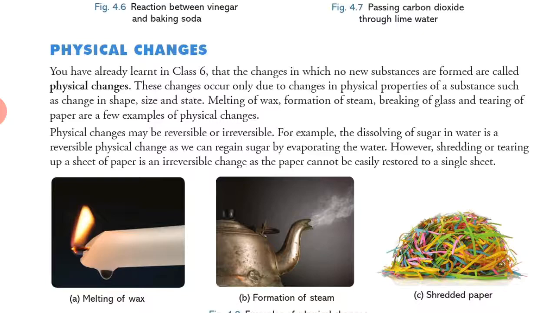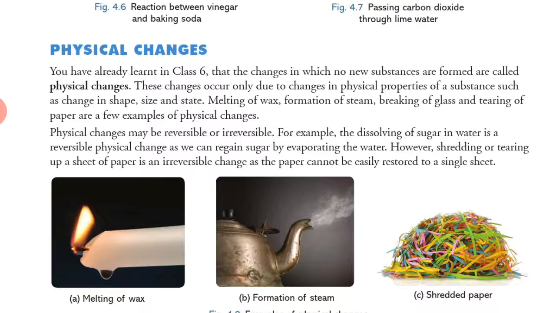These changes occur only due to changes in physical properties of a substance, such as change in shape, size, and state. Melting of wax, formation of steam, breaking of glass, and tearing of paper are a few examples of physical changes. Physical changes may be irreversible or reversible.